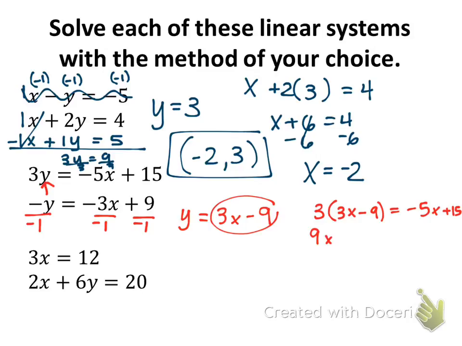Distributive property, 9x minus 9 equals negative 5x plus 15. Combine like terms, so I'm going to add 5x, and I'm also going to add the 9 to move it over here. I just combined in one step. 14x is equal to 24.